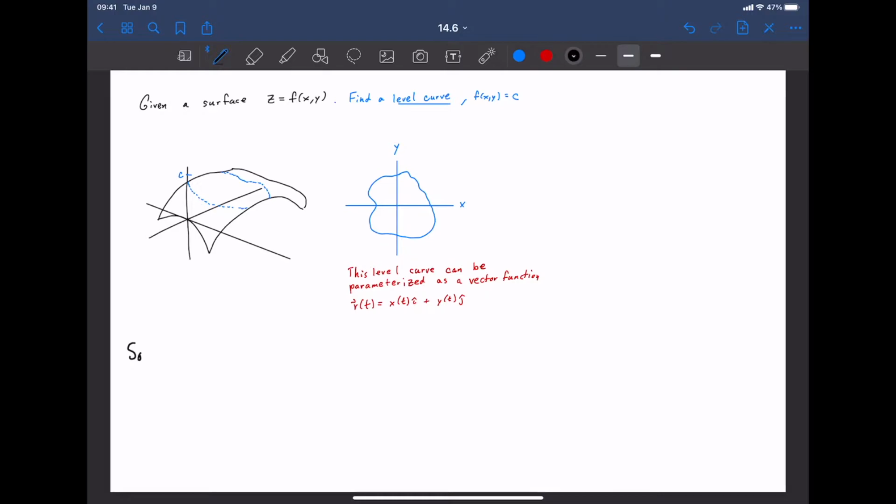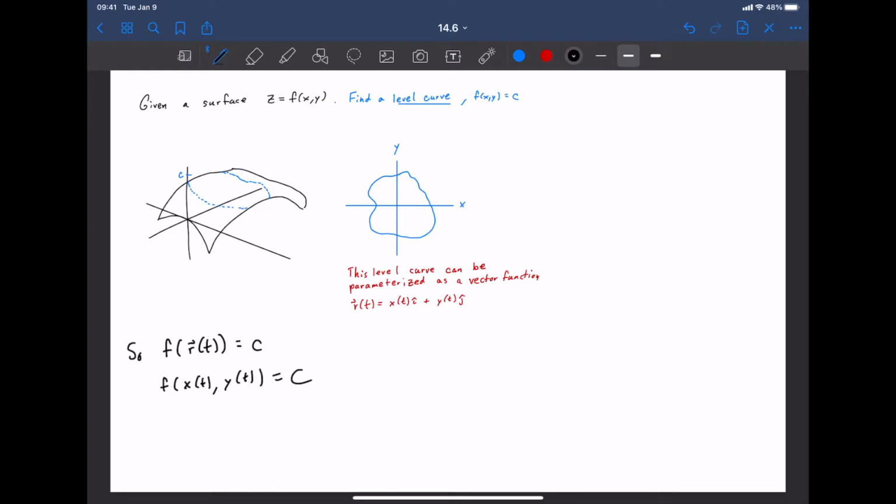So f of r of t equals c, right? Or if we thought of that as f of x of t, y of t, right? Those t values could go into f and give us this equation where now f is a function that depends only on t for this specific height.